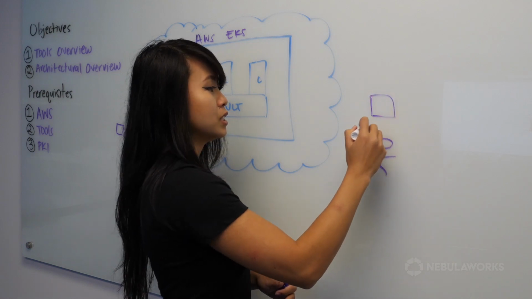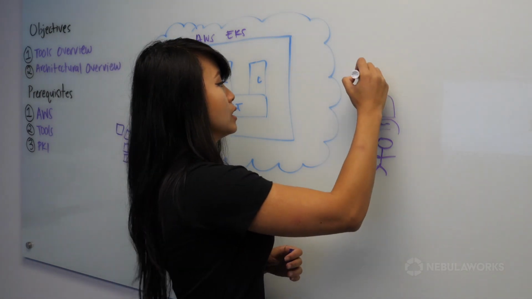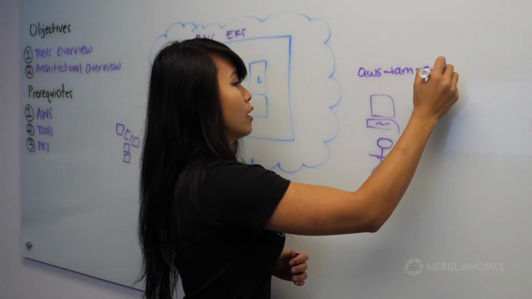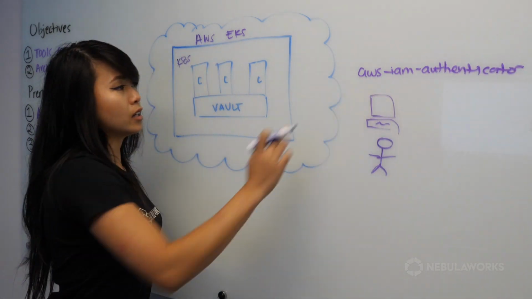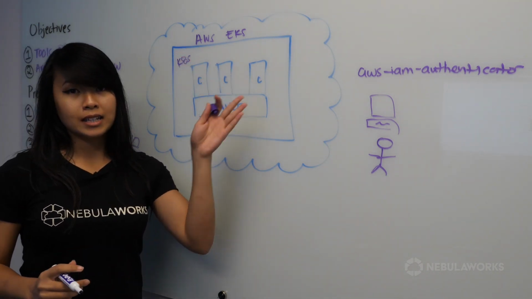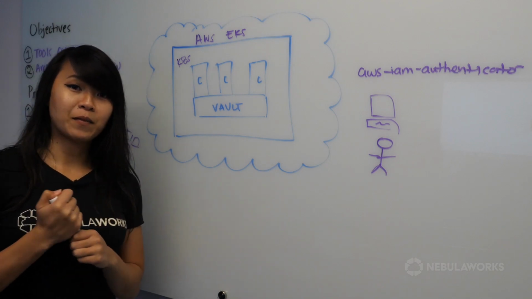And we have our local machines, and we install AWS IAM Authenticator, which is a command line tool that enables us to use our IAM credentials in AWS to interact with AWS EKS. So with that, let's hop into the demo.